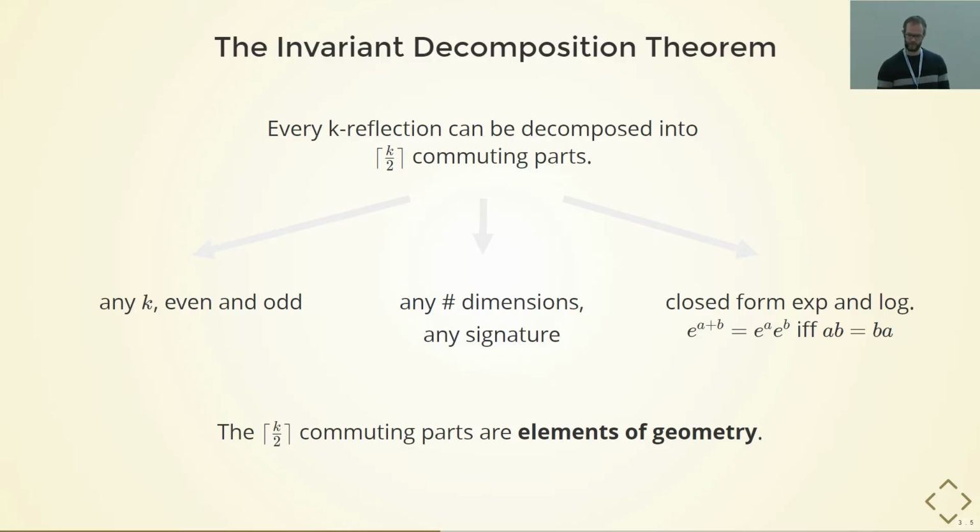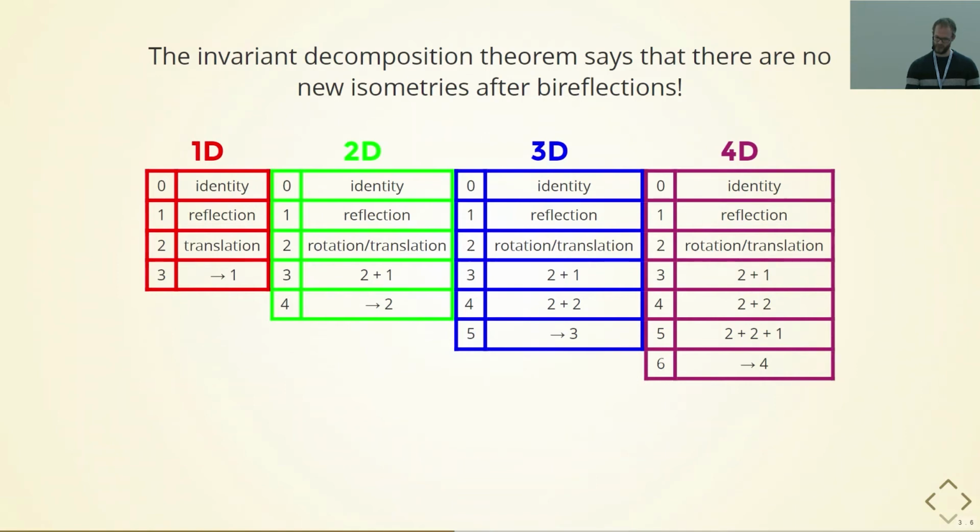And we also find closed form exponential and logarithmic functions from this. And these commuting terms that we find here, those will turn out to be elements of geometry again. And so the cool thing is that the invariant decomposition theorem actually says that there is nothing new, there are no new isometries after the bireflections.